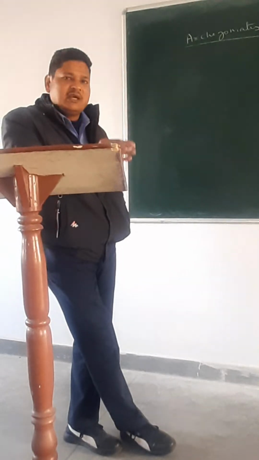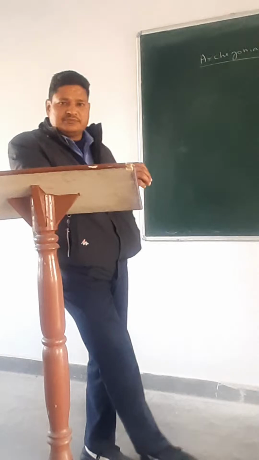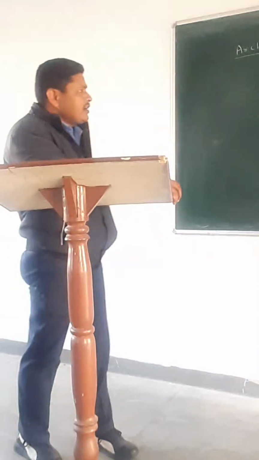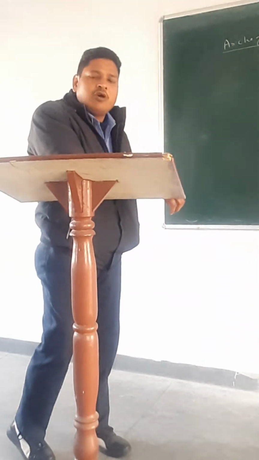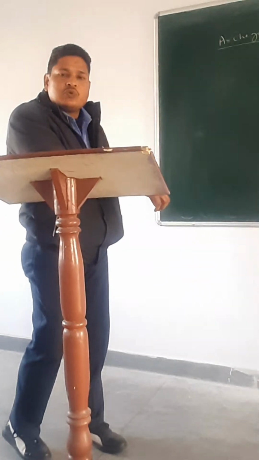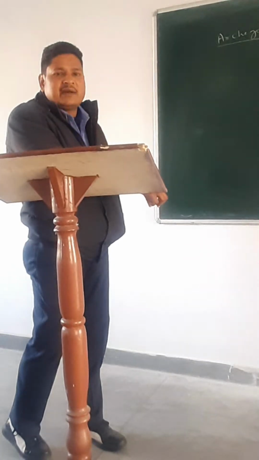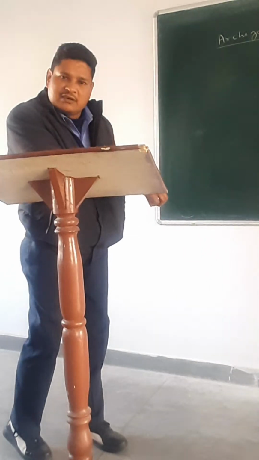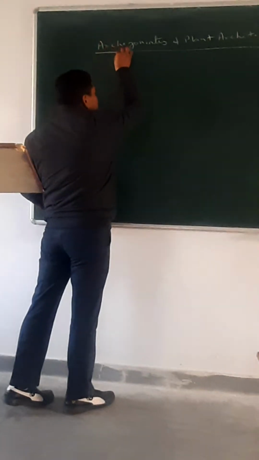That's why they are called angiosperms. In plant architecture, we will discuss the total morphology of the plants, that is root, stem, leaves, flower, fruit and seeds, etc. Now we will start the archegoniates.